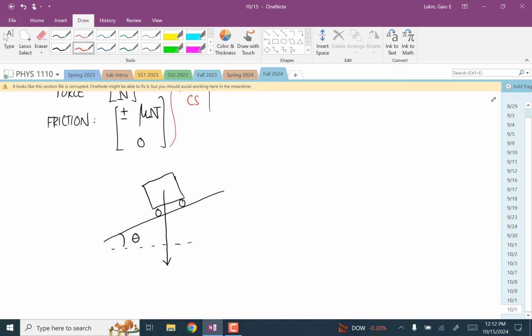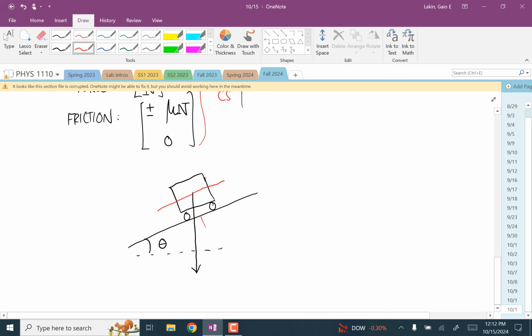The coordinate system is oriented like this. And so what I want you to notice is that this angle is theta.